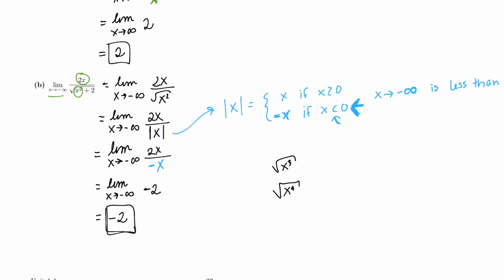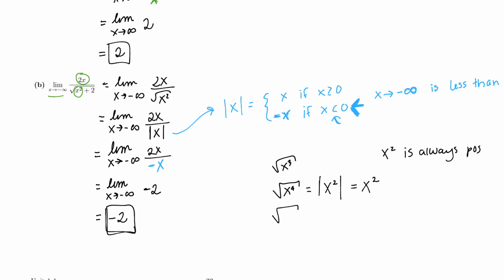Technically, the square root of x to the 4th is the absolute value of x squared. However, x squared is always positive. So taking the absolute value of a number that's always positive ends up being just x squared.